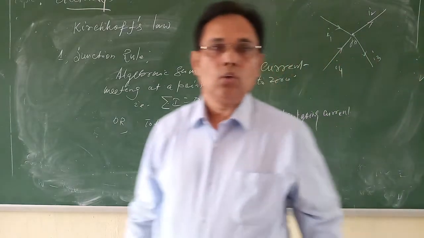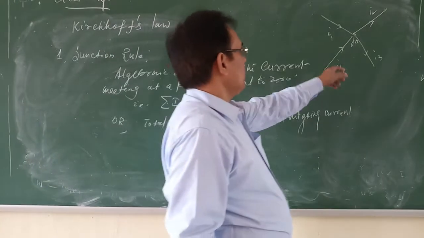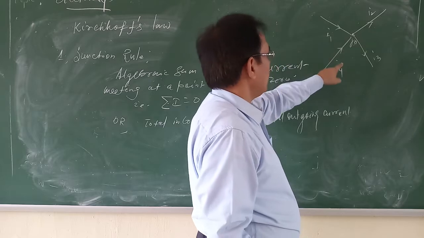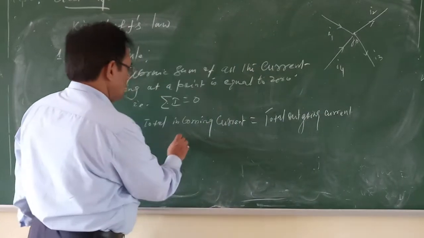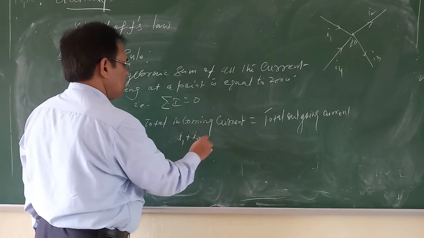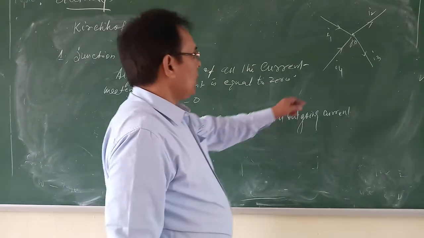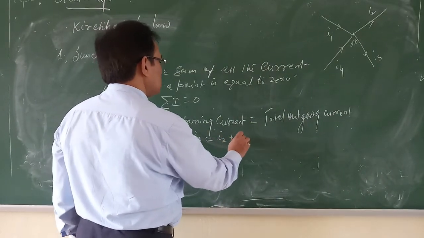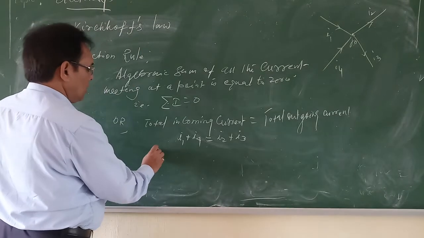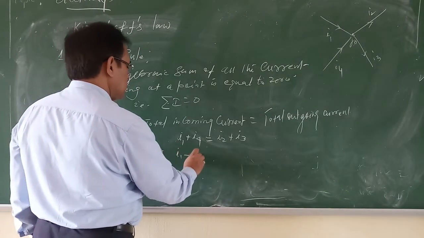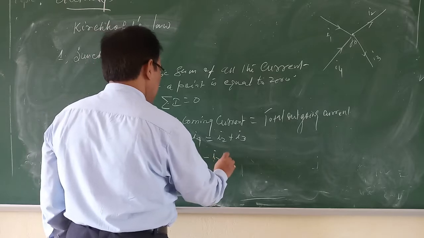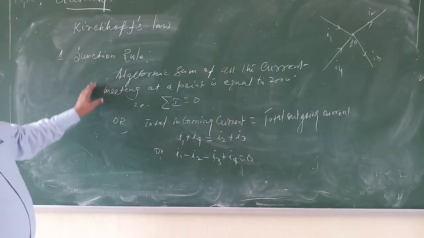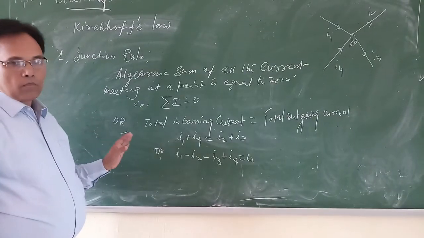So the total sum of incoming current is I1 and I4. So I1 plus I4 equal to the outgoing current I2 plus I3, or I1 minus I2 minus I3 plus I4 equal to 0. So this is called the junction rule.